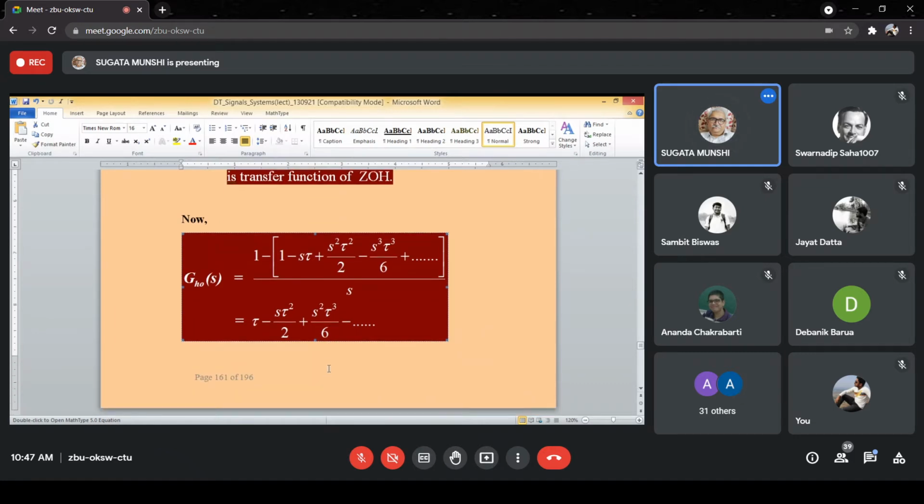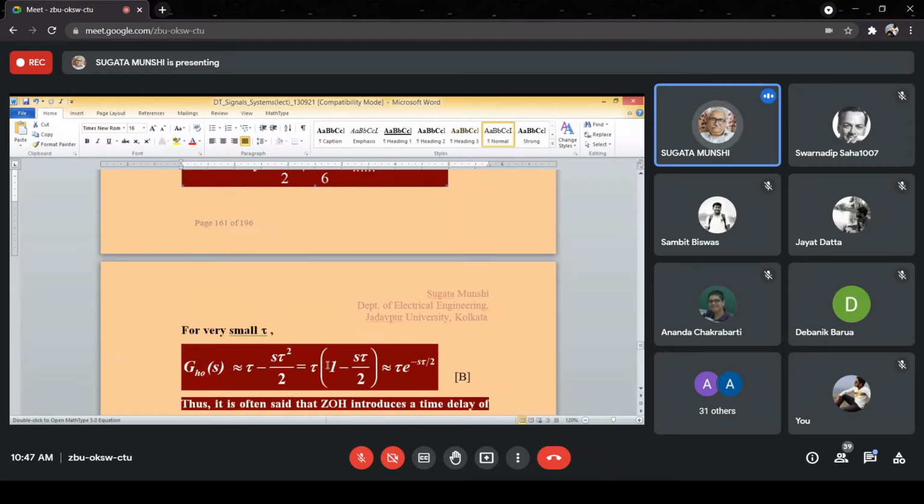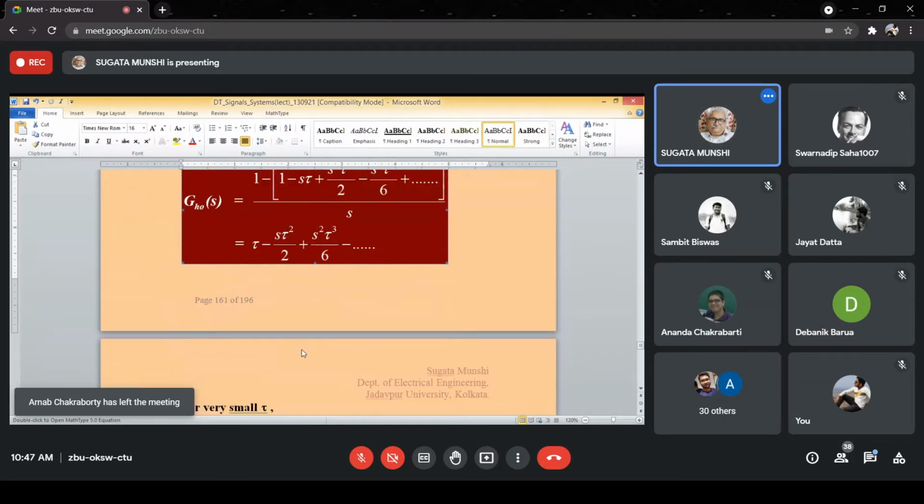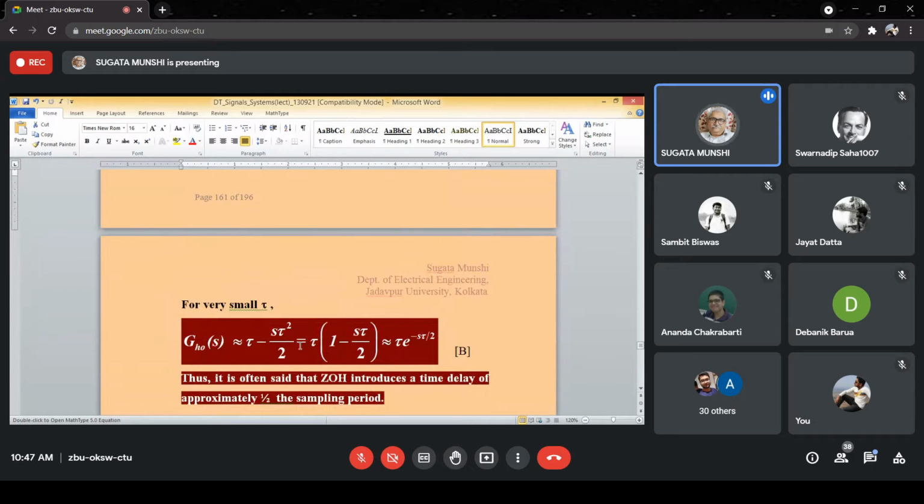So if you truncate this series for very small τ, after the second term and ignore the higher order terms, it becomes τ into 1 minus sτ by 2. This is approximately equal to e to the power minus sτ by 2.